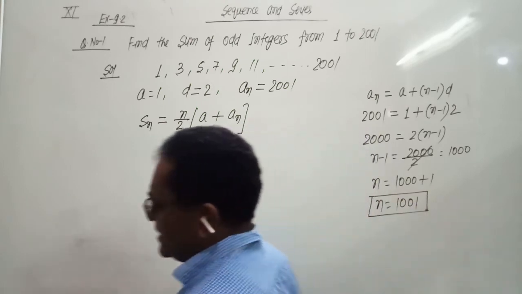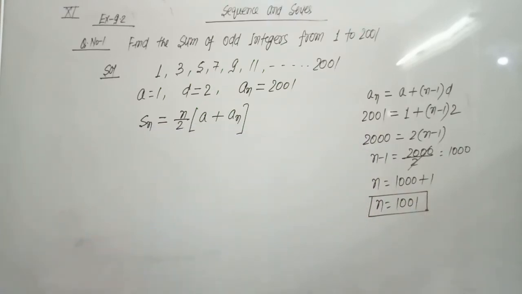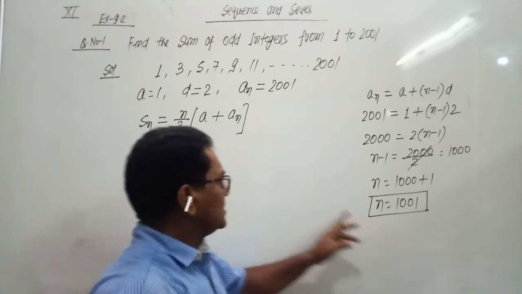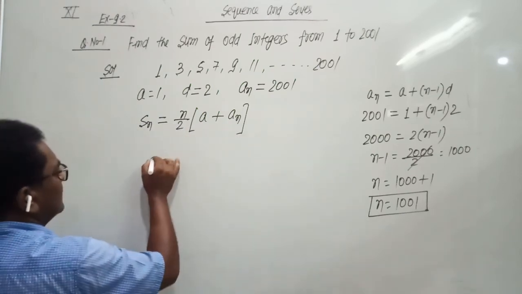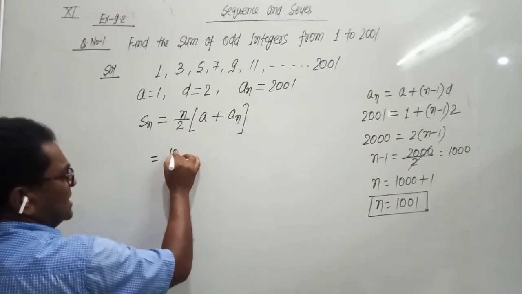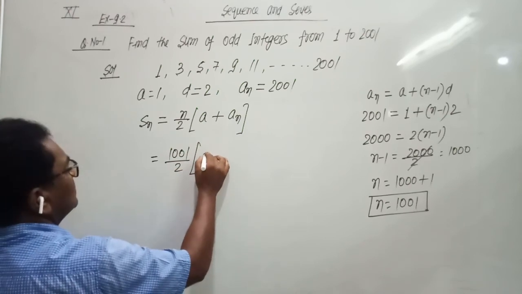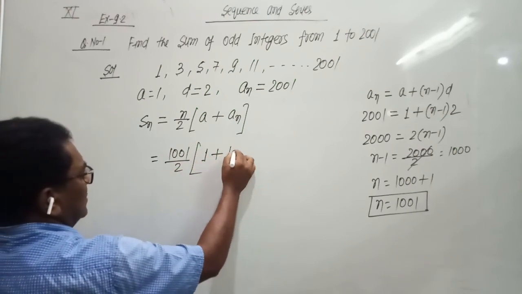So first we calculate the value of n by using the formula An equals A plus n minus 1 into D. Then we put the value of n. So 1001 upon 2 bracket 1 plus An.